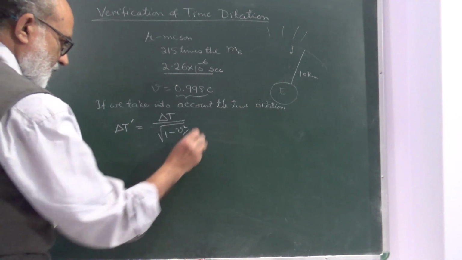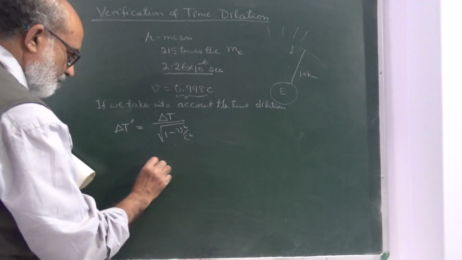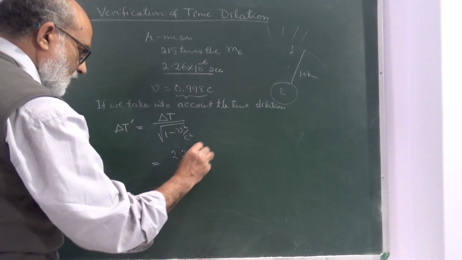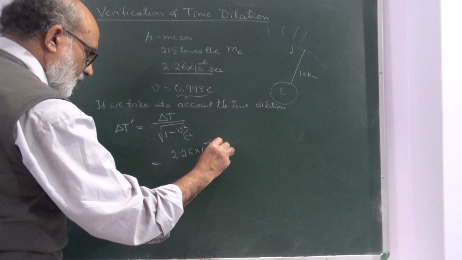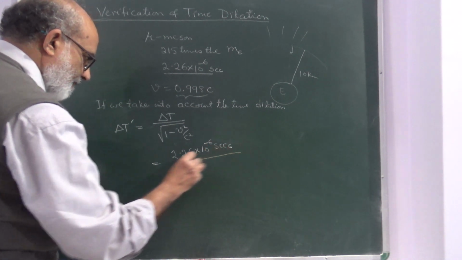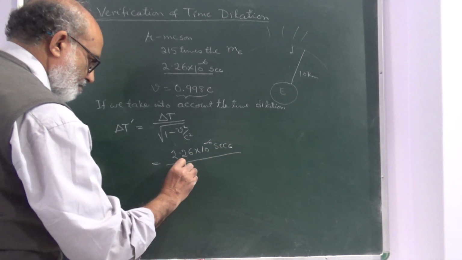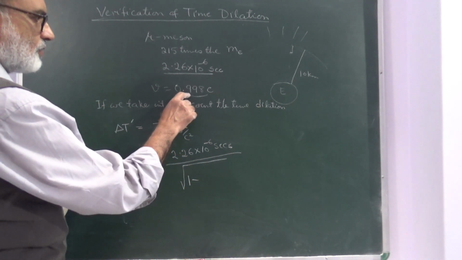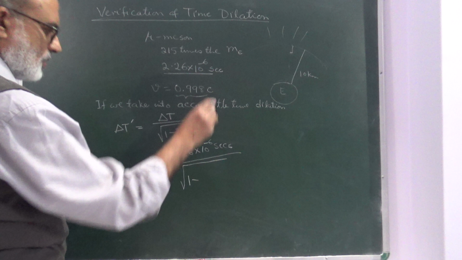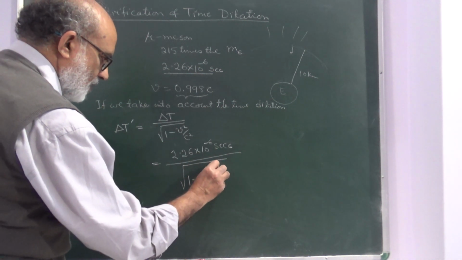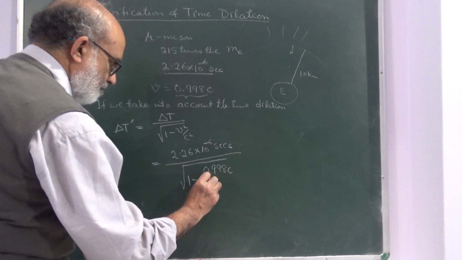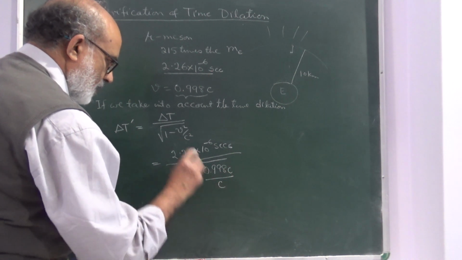And the time measured in its reference frame is 2.26 times 10 to the power minus 6 seconds. Here v is its velocity, 0.998 c, so 0.998 times c divided by c, the whole square.